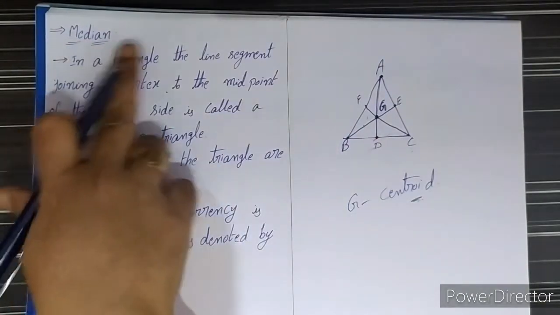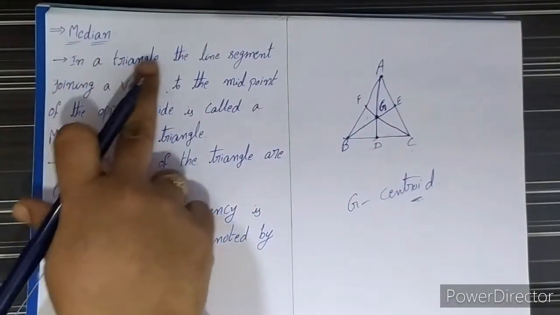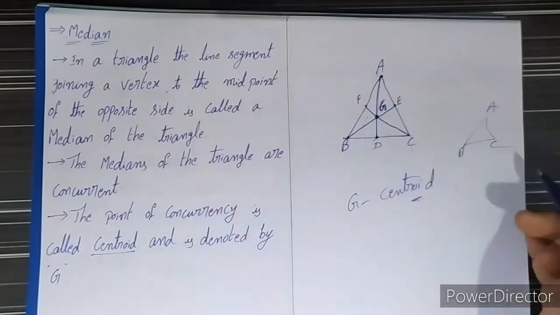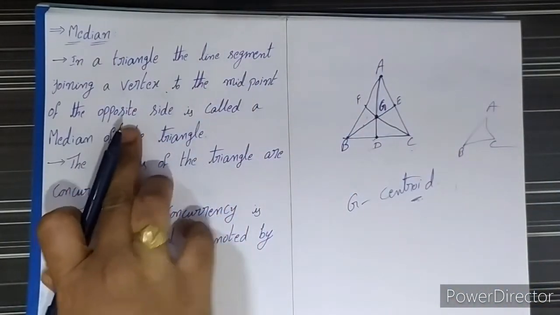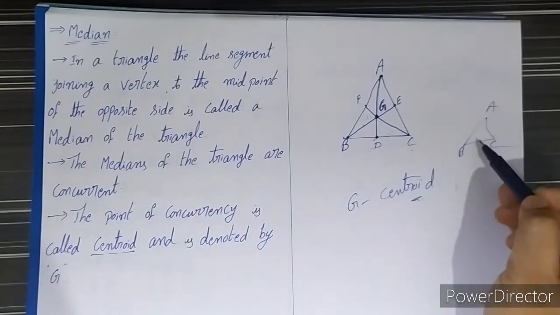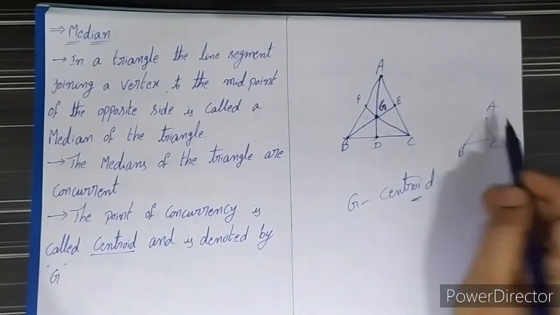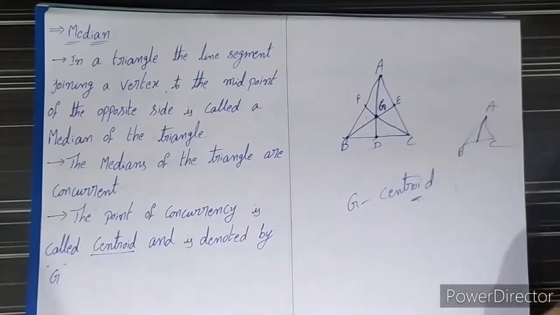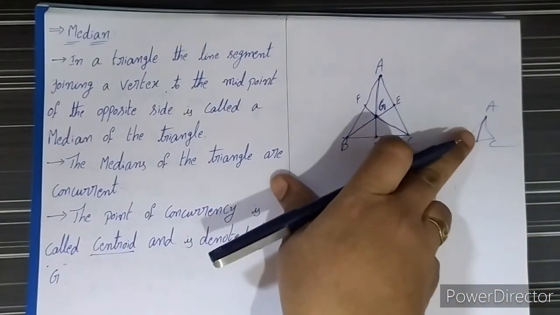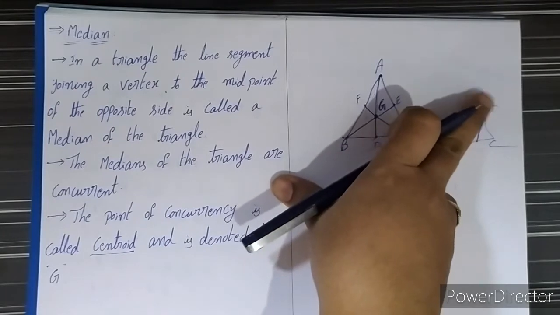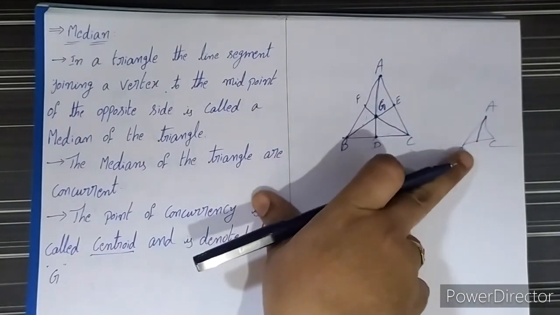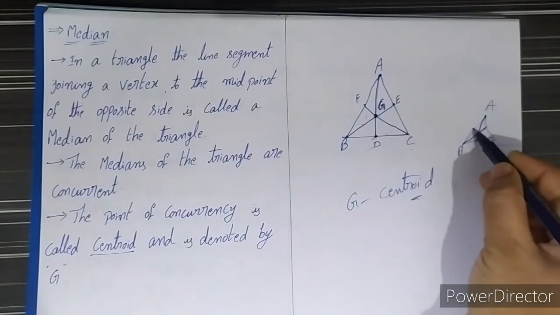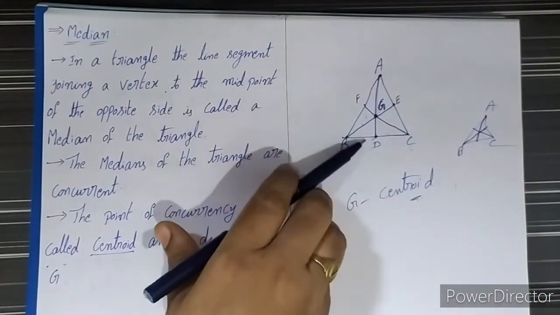One more. Median means, in any triangle ABC, the medians are drawn from any vertex to the opposite side's midpoint, like the line to the midpoint of BC. That is one median, and there are more.